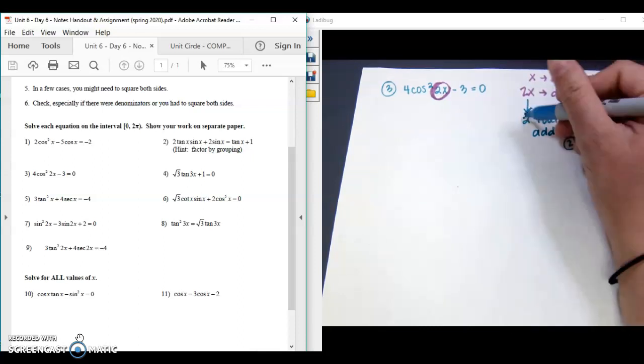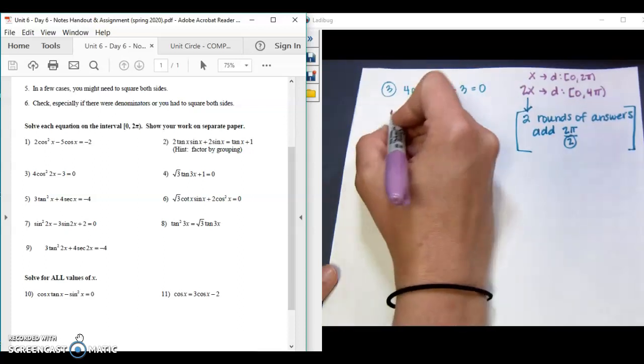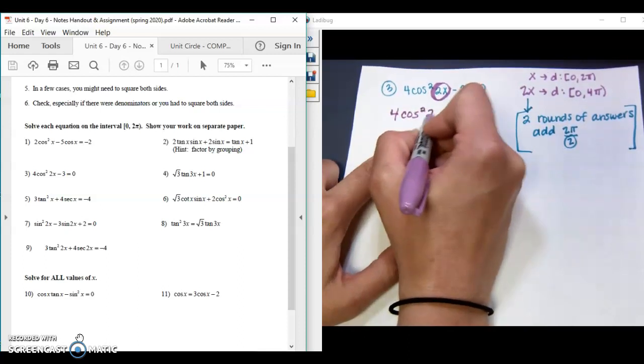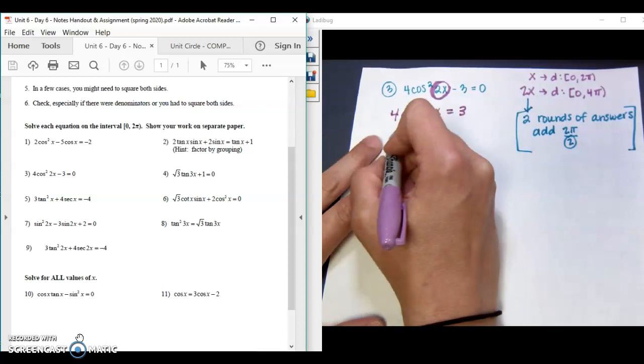Okay? So this will come in handy when we get to the end part of the problem. Okay, so solving this problem, there's no factoring to do, so we just want to get cosine squared by itself. So add over the 3, and then I'm going to divide by that 4.